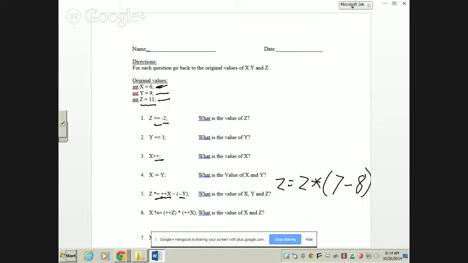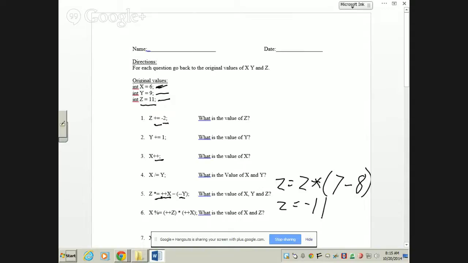I do need those parentheses there because of the way this assignment is written. And z is 11, so we have z equals 11 times negative 1, z equals negative 11.